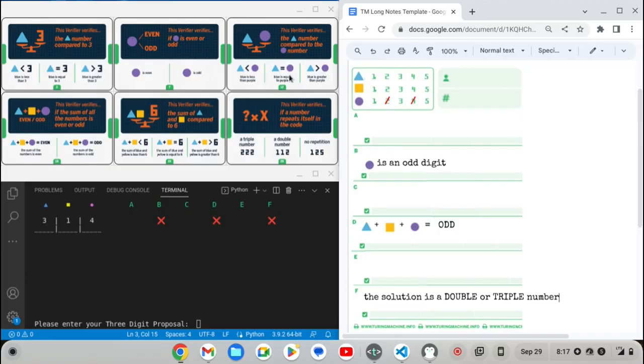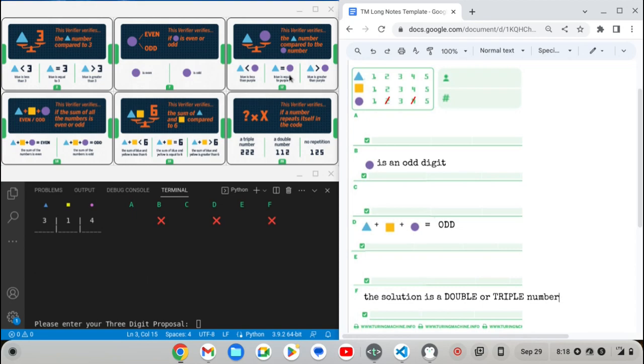If we had a double number, that's not necessarily the case that triangle equals circle. It doesn't have to. We do know that two numbers are equal, but not necessarily triangle and circle together. So I won't cross that out right now, but I am definitely leaning towards the solution being a double number.